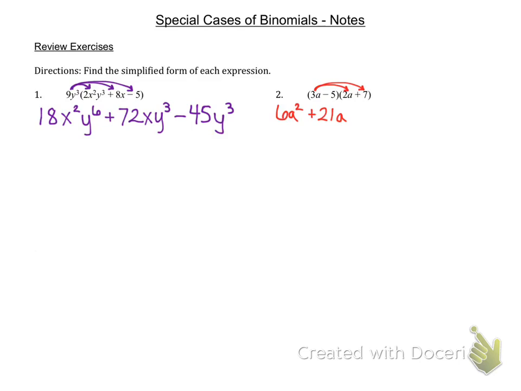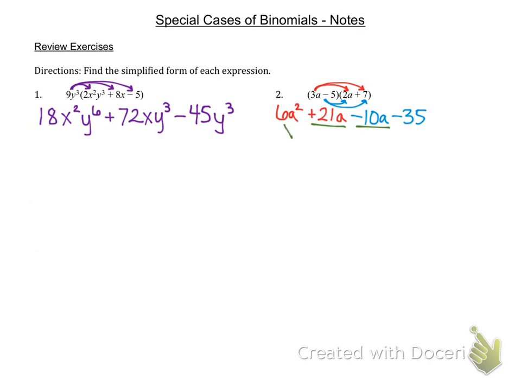Now I'm going to multiply negative 5 by everything in the second set of parentheses. So negative 5 times 2a is a negative 10a. And then negative 5 times 7 is a negative 35. Now I see that I can combine like terms right here. I can combine those two a terms.